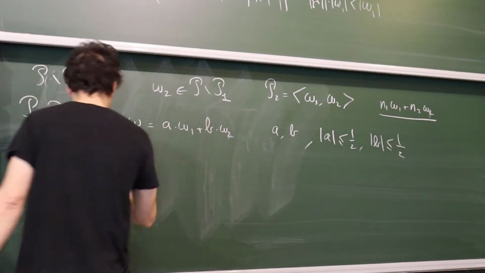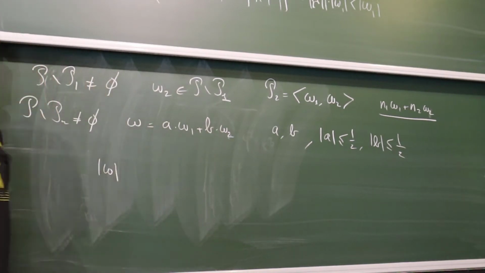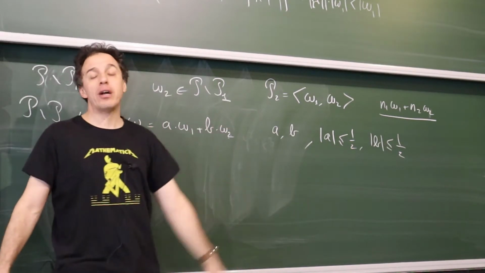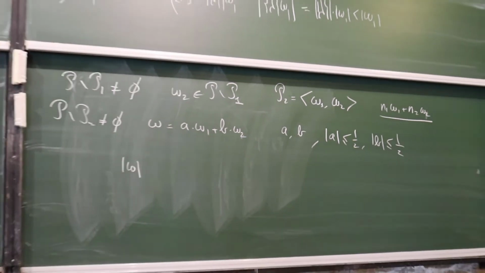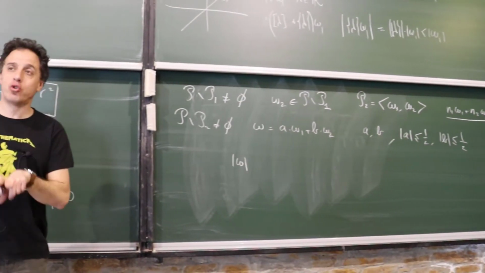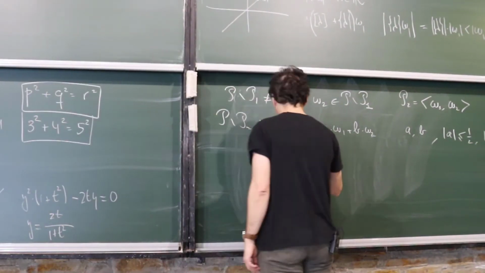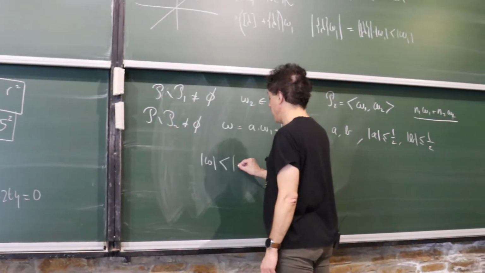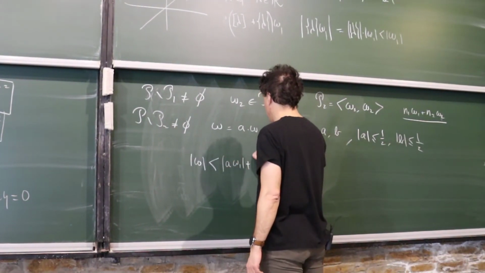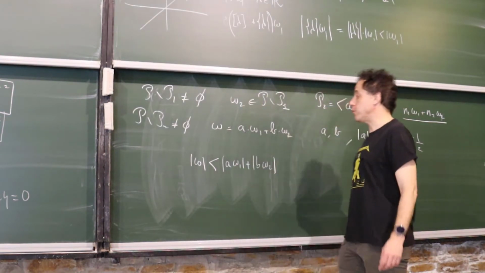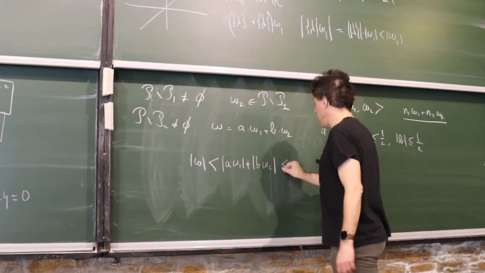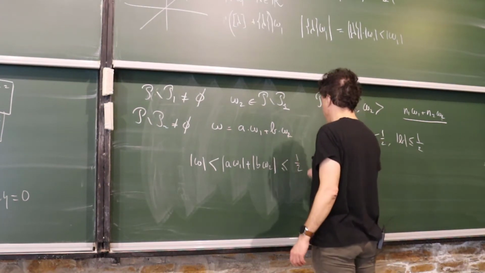Now take the modulus of omega. As omega 1 and omega 2 are not collinear, the triangle inequality is strict. So the modulus is strictly smaller than the sum of the two terms, which is smaller or equal to 1/2 modulus of omega 1 plus 1/2 modulus of omega 2.